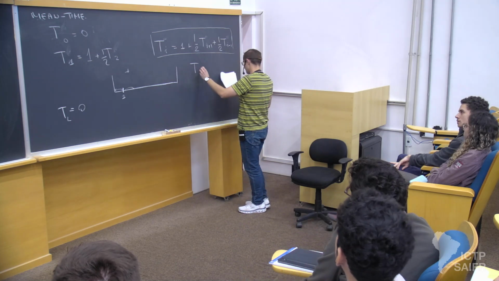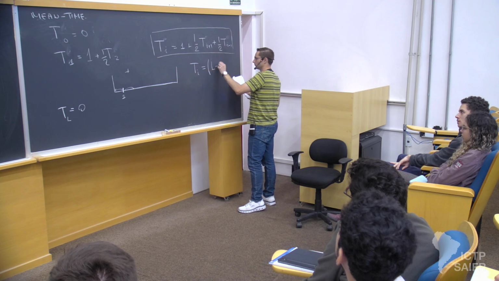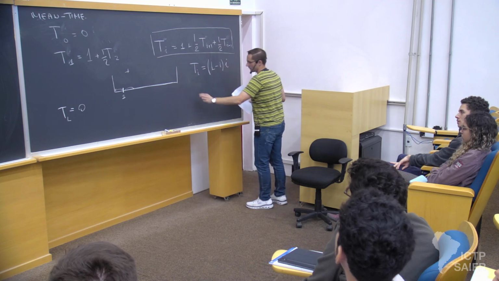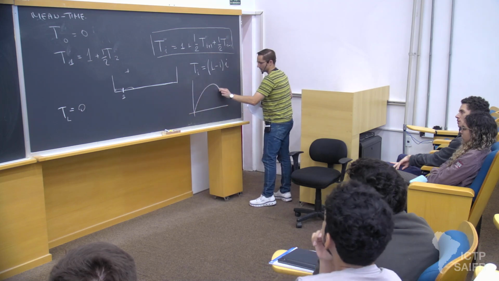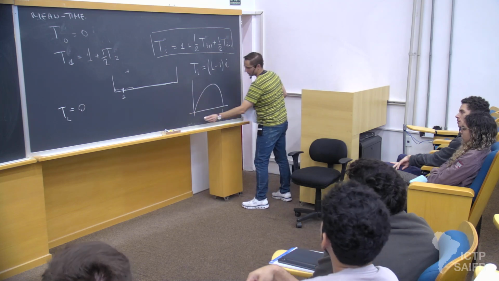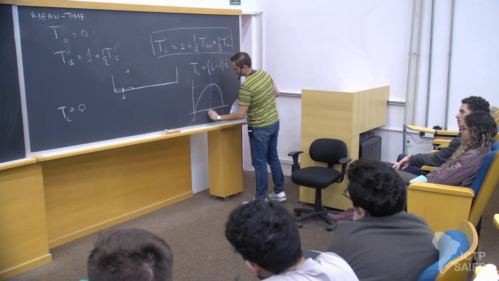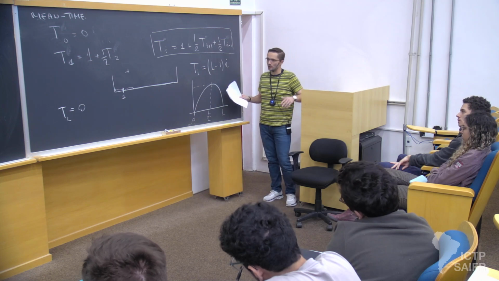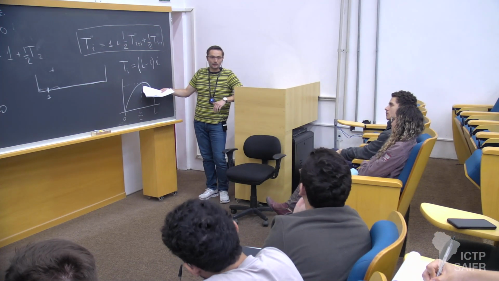Anyway, once you solve this recurrence relationship, you will get something like this. That has a maximum, of course, as we should expect when the initial condition is in the middle of my system.